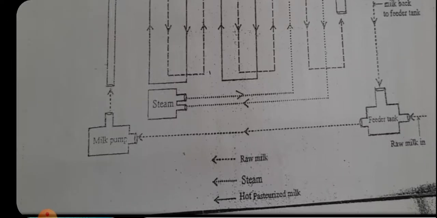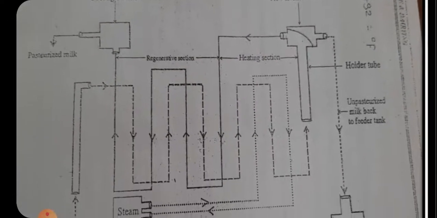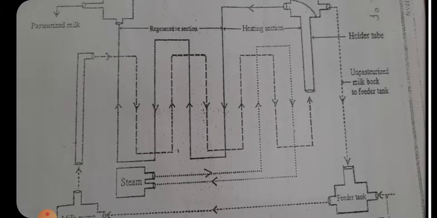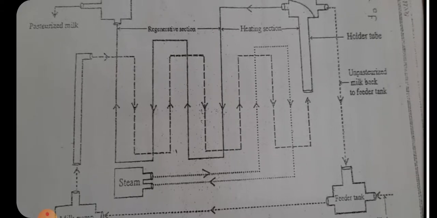Okay, from the milk pump, the milk goes to the regenerative section. In the regenerative section, the raw milk is heated with the help of the hot milk, and in the heating section the raw milk is heated with the help of the steam, and again this pasteurized milk goes to the cooling section and is packaged.